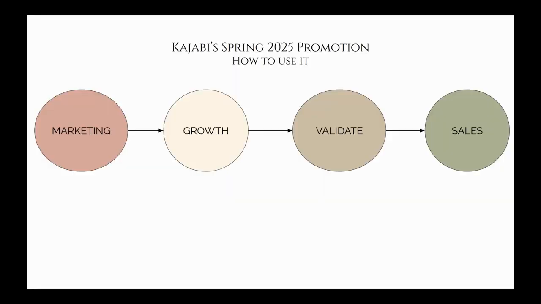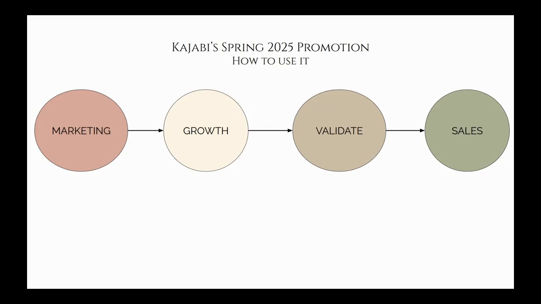So here is kind of how I conceptualize the different phases of a business. Marketing. This is how you get in front of your target audience and how you establish your expertise in your niche. Growth, that's how you then bring those people into your world. Validate, that's where you find out really what exactly it is that people want to learn from you and are willing to pay for.